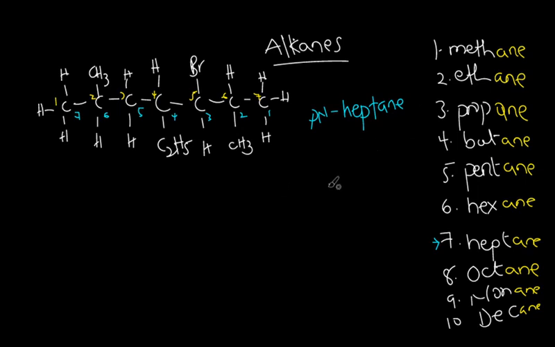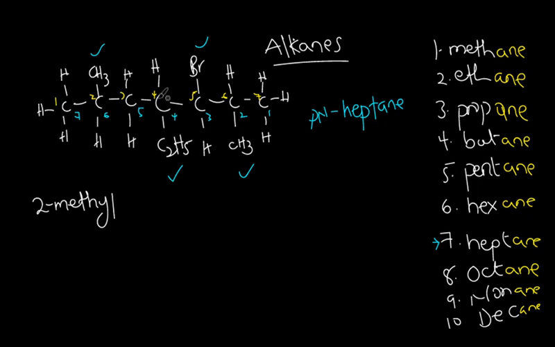Now that we know this is heptane, we can find out that we have this group and then this group not being part of the parent structure, and they are also not hydrogen, so they are what? Substituents. Because they are substituents, let's now try to name them. If we are taking the yellow as the counting, we have one group on carbon 2, this is a methyl group as I showed earlier, so it's 2 methyl.